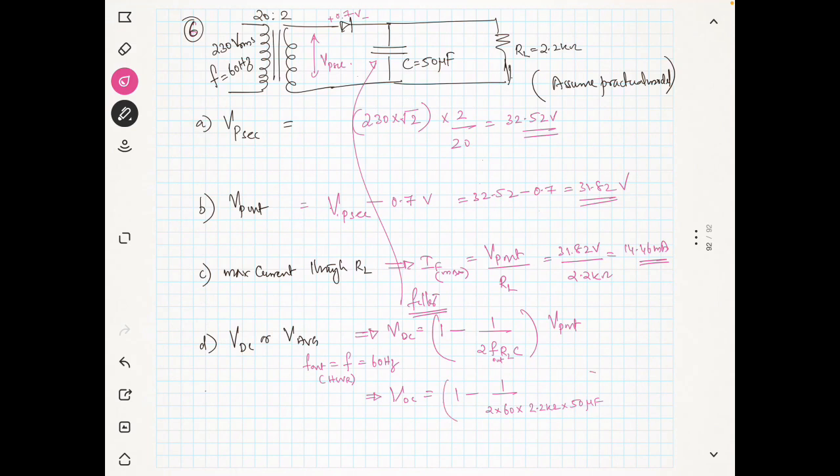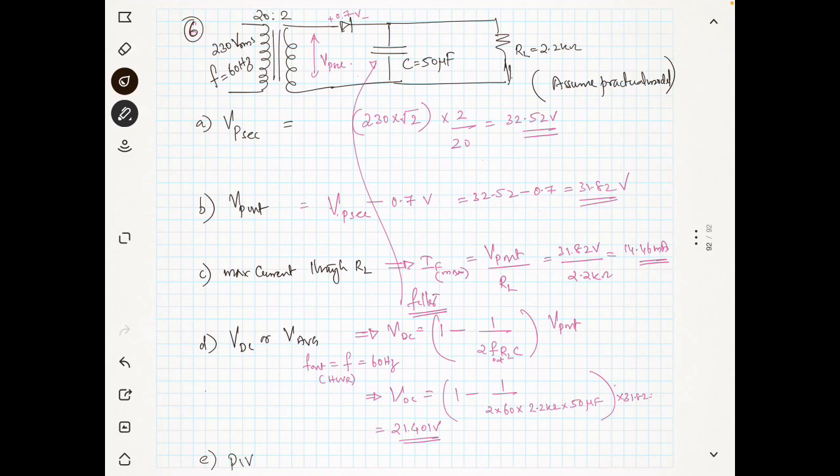Then VP out, you know, is 31.82. So into 31.82, you will get it as 29.401 volt. So I will write it in the next line. This will be equal to 21.401 volt.